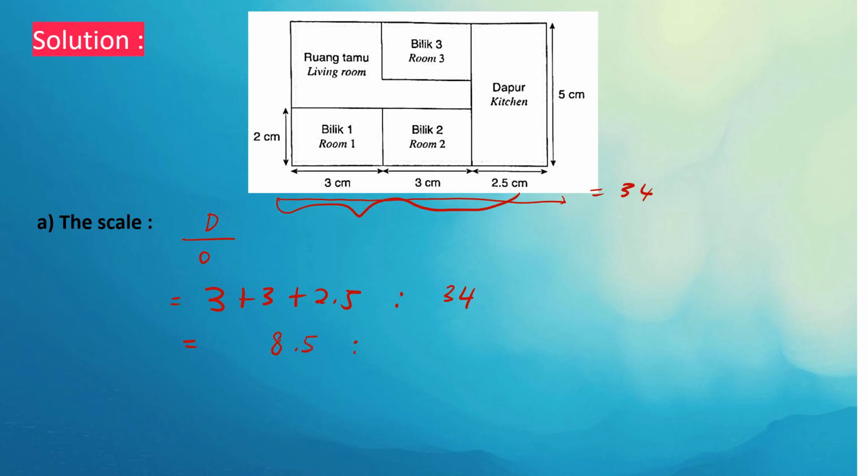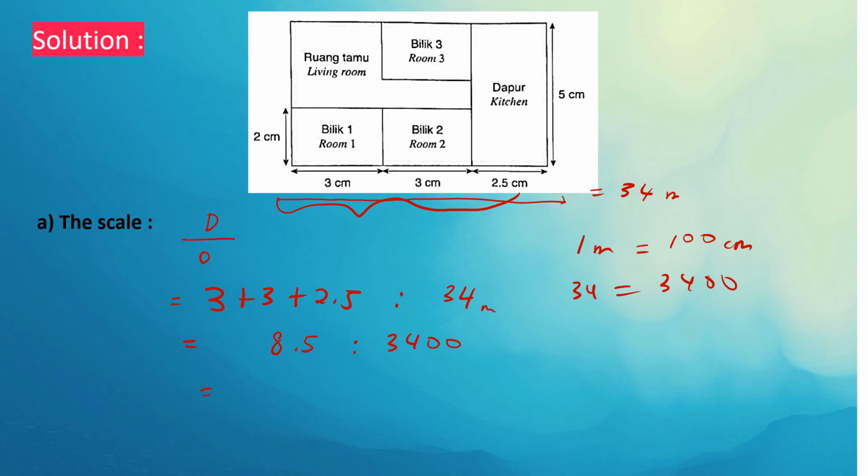Now this 34 you change to centimeter. 1 meter equals 100 centimeter, so 34 meter means 3,400 centimeter. This is your actual length in centimeter.